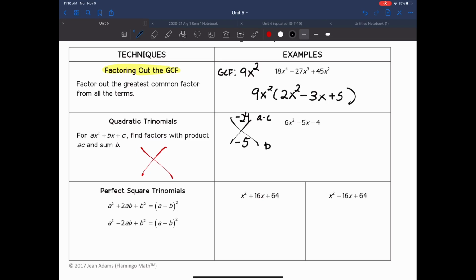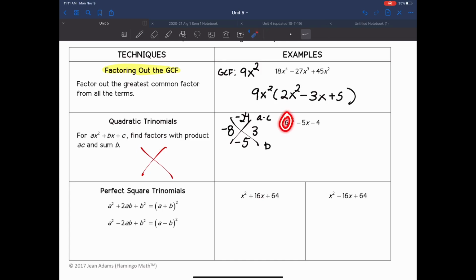So factors of negative 24 that add up to negative 5, well, I know that 8 and negative 3 wouldn't work because that would give me a sum of positive 5. But if I have negative 8 and positive 3, if I multiply those, I get negative 24. And if I add those, I get negative 5. So my two factors are going to be negative 8 and positive 3.